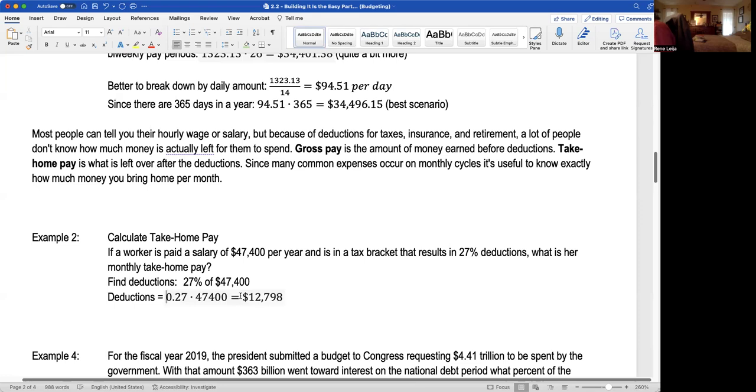Now, I need to know what is her take-home pay. So the take-home pay is going to be her salary minus the deductions.